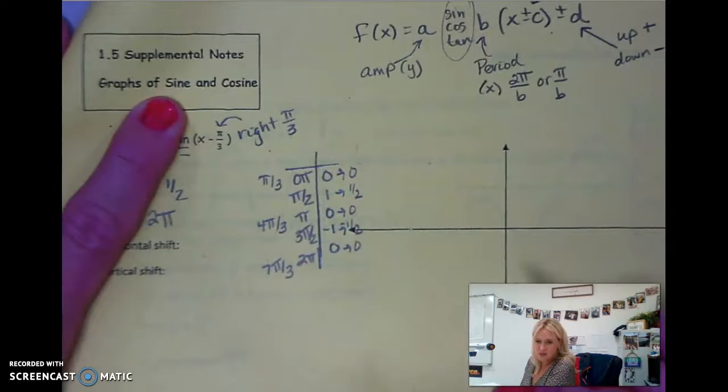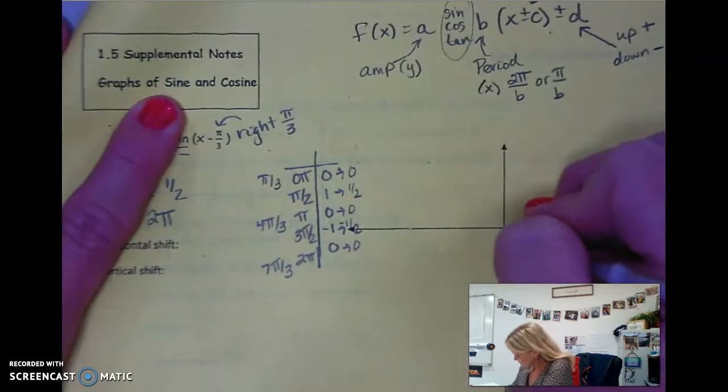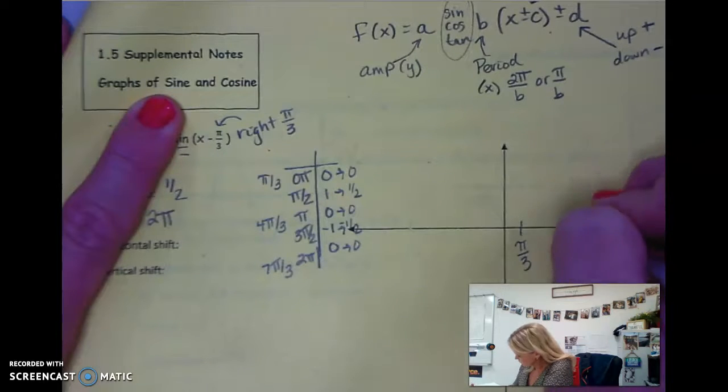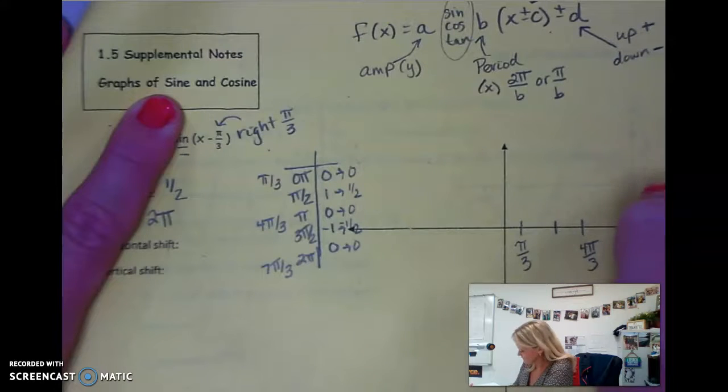That should give you a good enough basis to move everything to the right. This is 7 pi over 3, 4 pi over 3, and the others are in the middle.